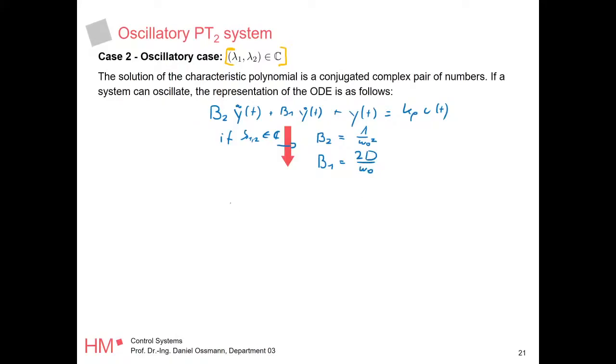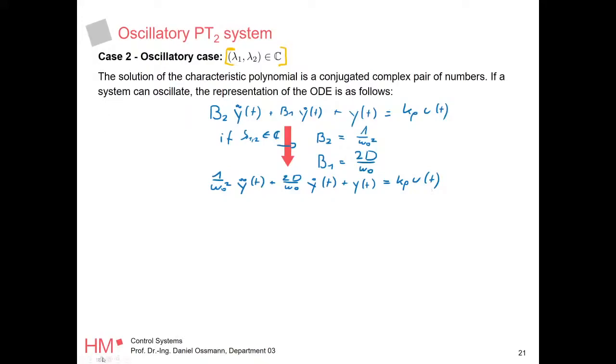Okay, so let's do this. We get 1 over omega 0 squared times y double dot of t plus 2d over omega 0 times y dot of t plus y of t is equal to kp times u of t.